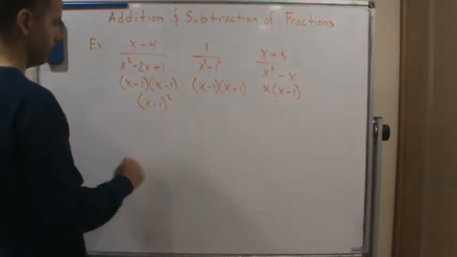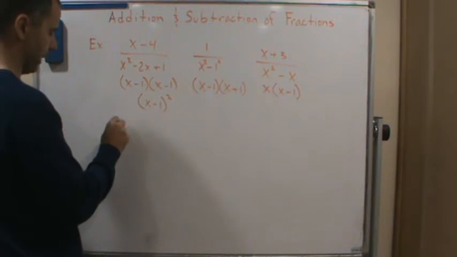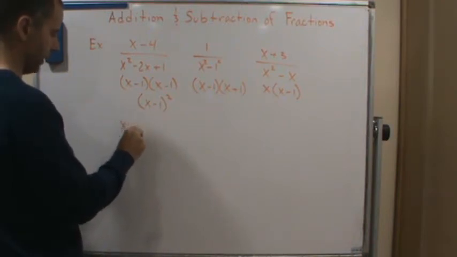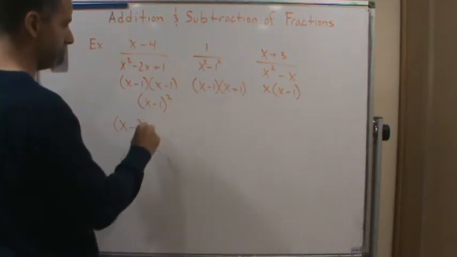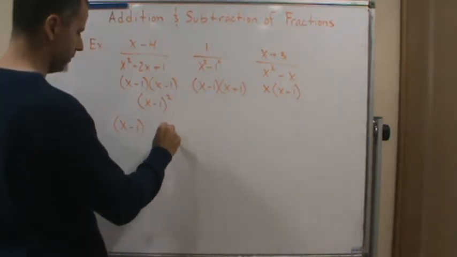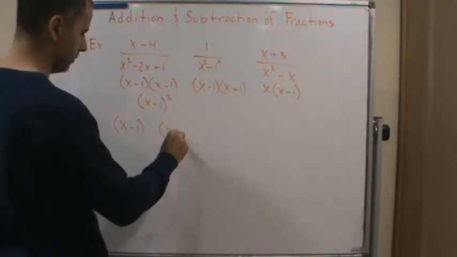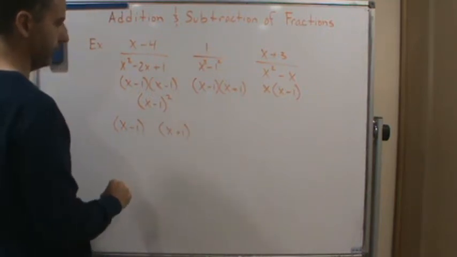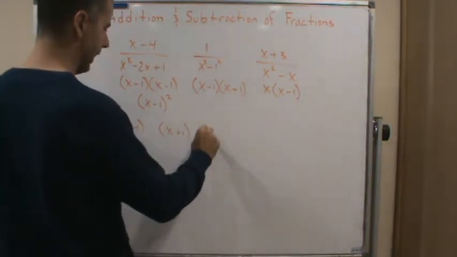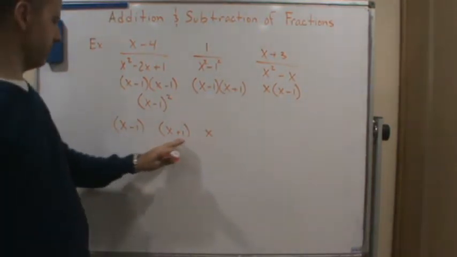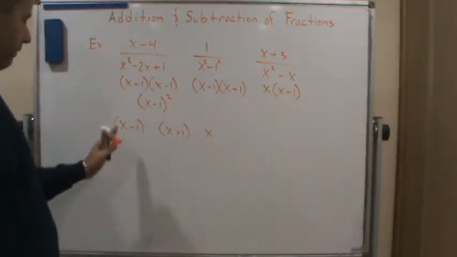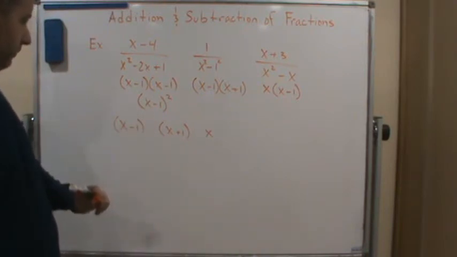So what are the different factors that we have? Well, we have x minus 1. What else do we have? We have x plus 1. And what else? We have x. So these are the distinct factors that we have.